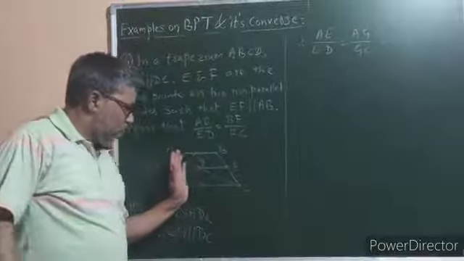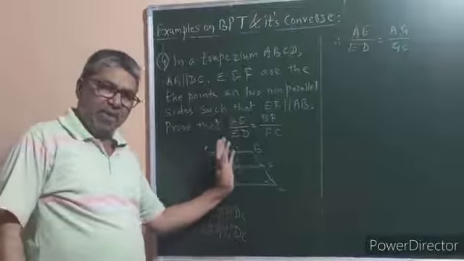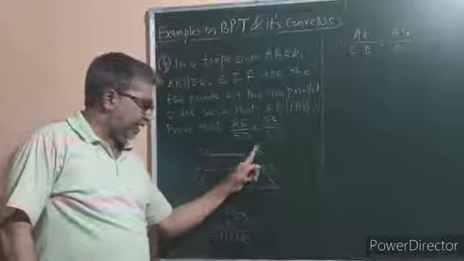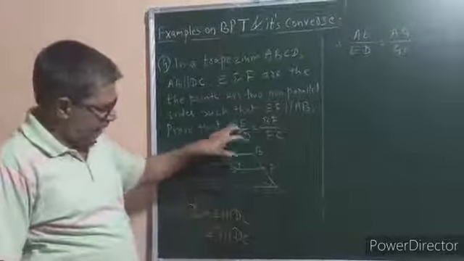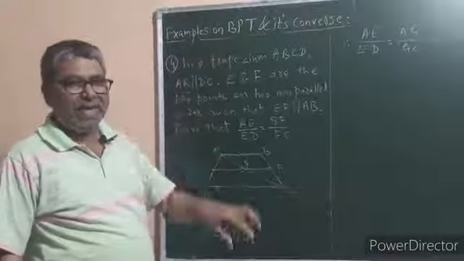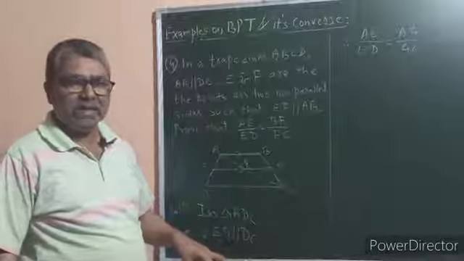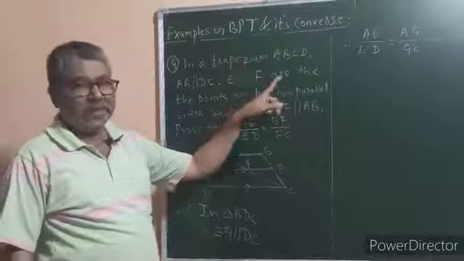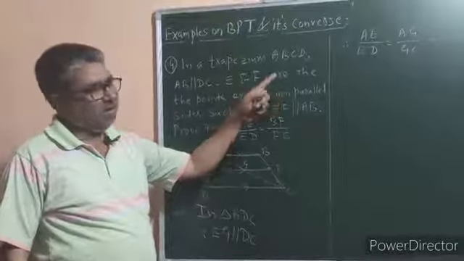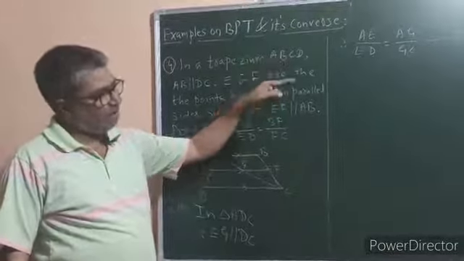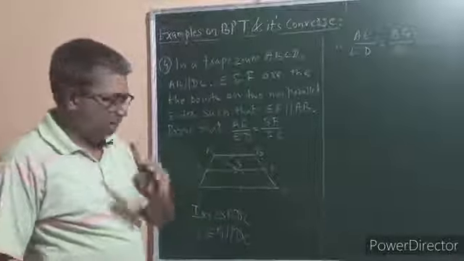Now go for the other triangle, which is towards the right side, that is triangle ABC. By taking this triangle ABC, again by applying Thales theorem, we get one more equation. Then from that equation and this equation we will be easily proving AE upon ED equaling BF upon FC.